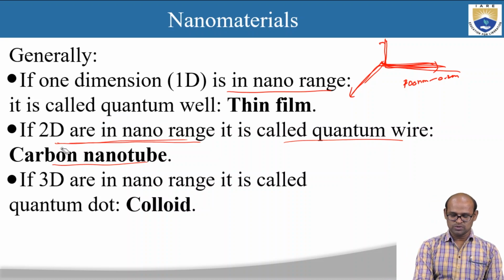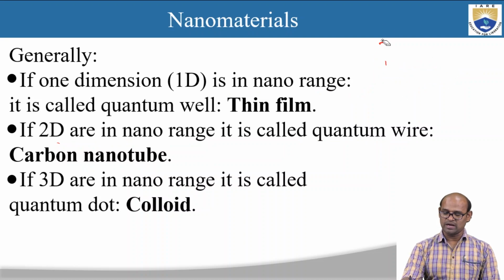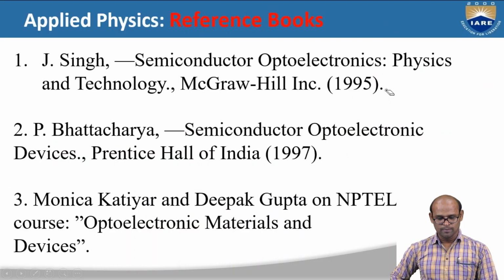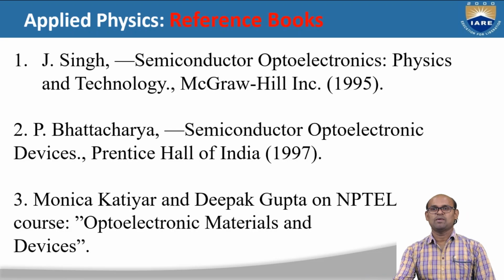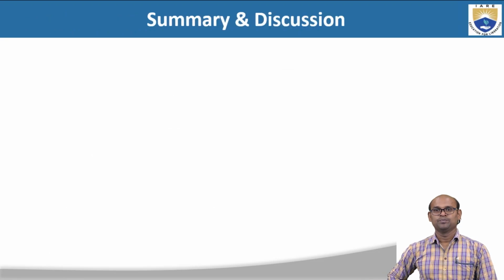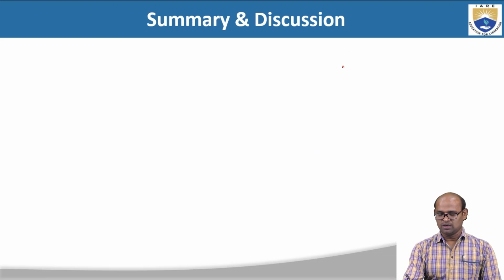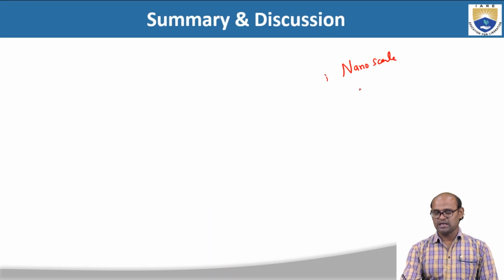So this is how we define nanomaterials in one dimension, two dimensions and three dimensions. These are some of the reference books which I've used in this presentation. To summarize, today I've discussed nanoscale, and then nanotechnology: what is nanotechnology?